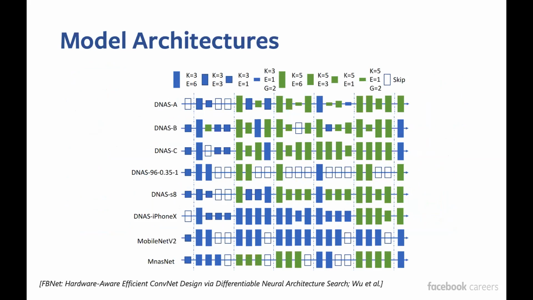You can also make it hardware dependent. This particular one here is a search specifically for Samsung S8, or you can search for an architecture specifically for iPhone X. We create our search space so that it can contain different types of networks. For example, MobileNet V2 has the architecture shown below, whereas MnasNet has this other particular network.